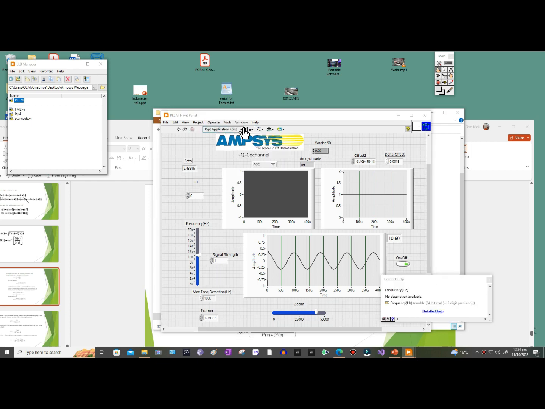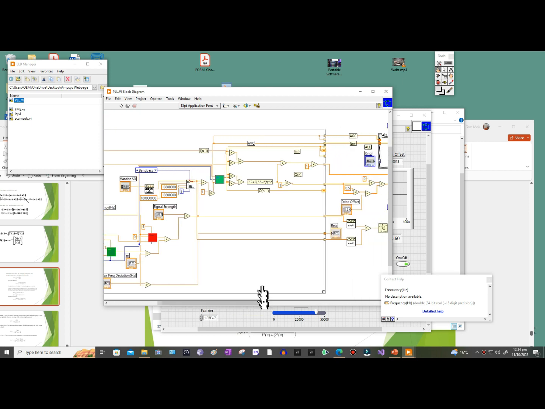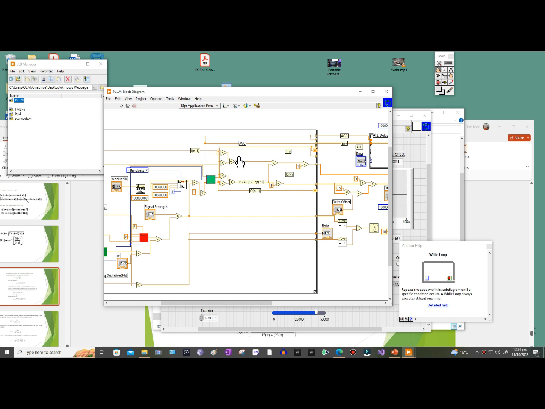And if you want to see the program software, there's my envelope squared, I squared plus Q squared, which is the R squared. Then I need to store the past values of Q and I, and that's done by registers.